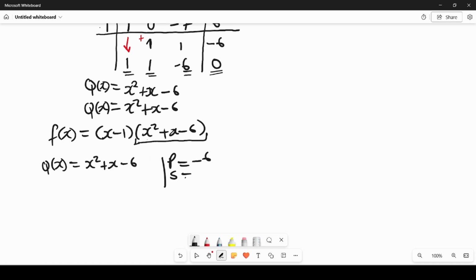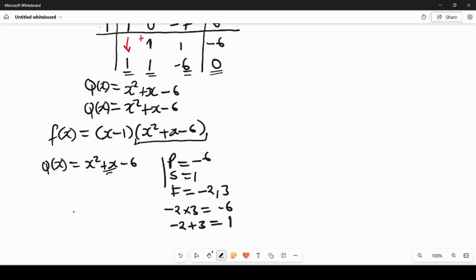The sum is 1. Then the factors: two numbers that when you multiply them you get negative 6, and when you add them you get 1. So negative 2 and 3. When I multiply negative 2 and 3, I get negative 6.